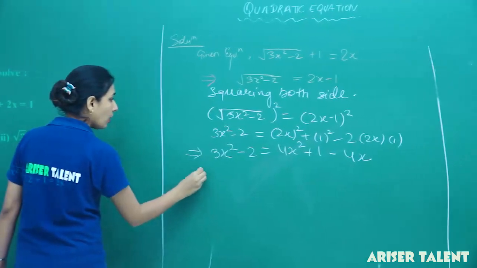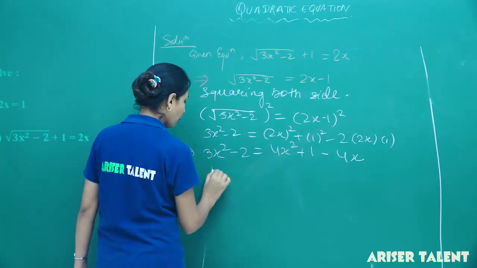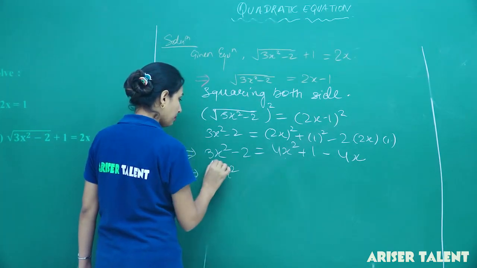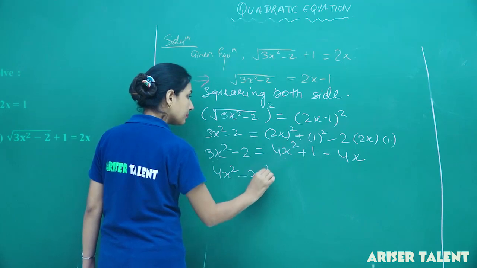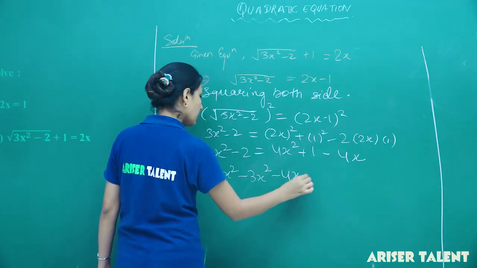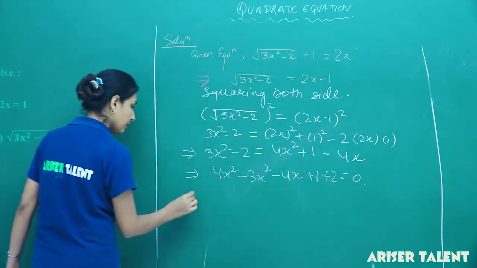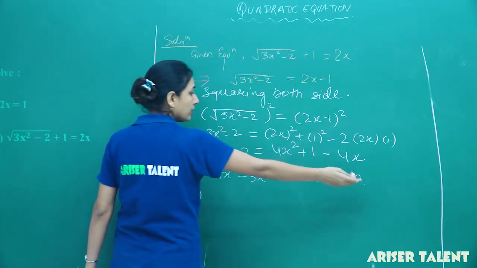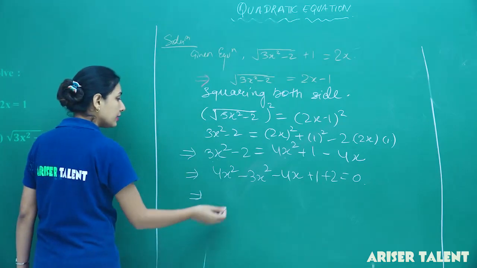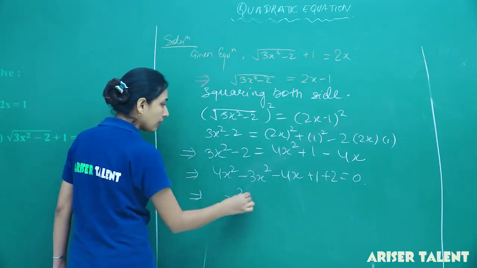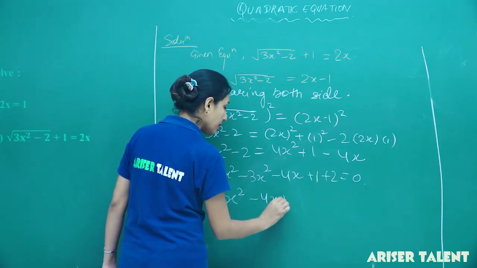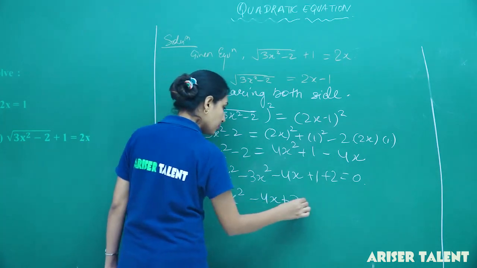Now it will become 4x square minus 3x square minus 4x plus 1 plus 2 equals 0, with 0 on the right hand side and all other terms here. This will give you x square minus 4x plus 3 equals 0.